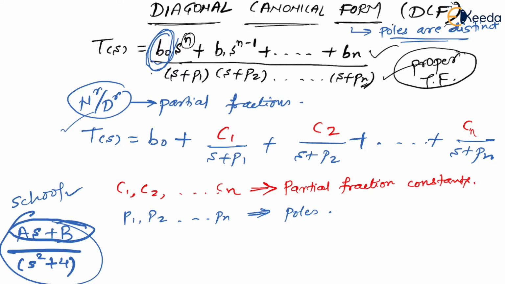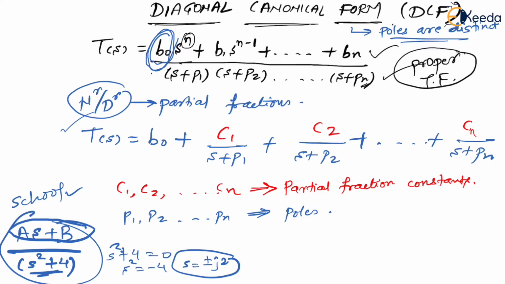Because when you were in school, you were expected that the answer that comes has to be real. I will tell you, see here, when you equate s squared plus 4 equal to 0, what do you get? s squared is equal to minus 4, so s is equal to plus minus j2. Am I right? Yes. In school days, you were not introduced to complex numbers or imaginary numbers, right?